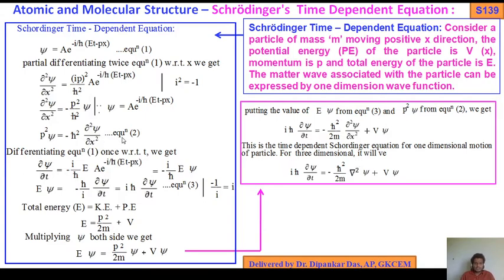So we have psi equals A into e to the power minus i by h bar (Et minus px), and upon differentiating twice with respect to x, we finally get p square psi equals minus h bar square del square psi by del x square, equation number 2. I think there is no problem.